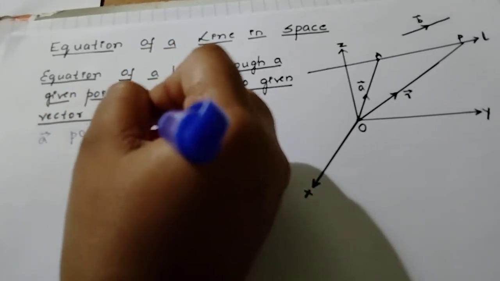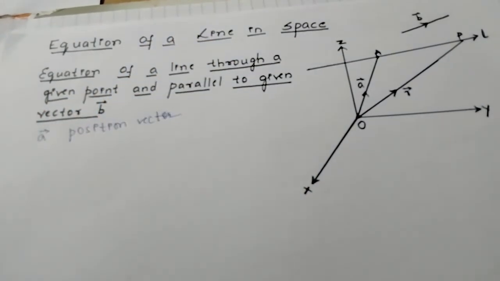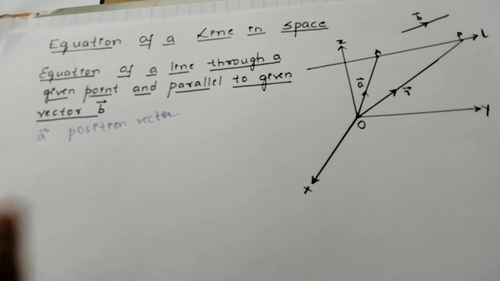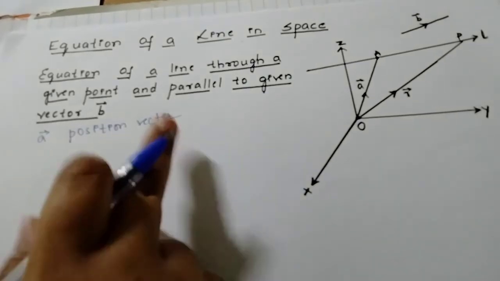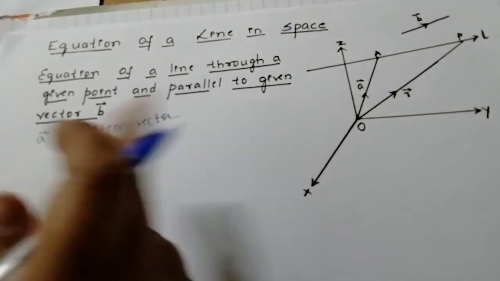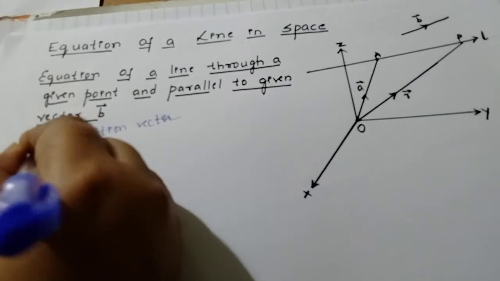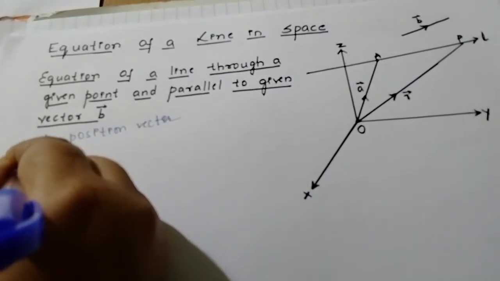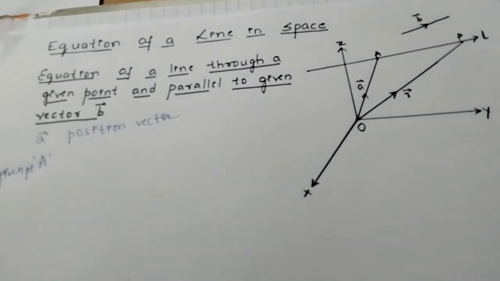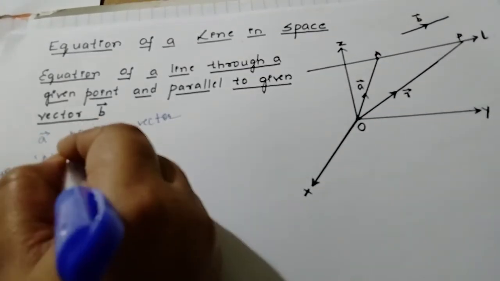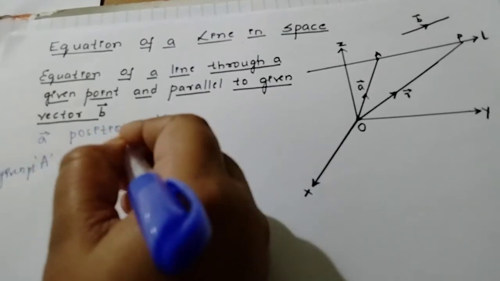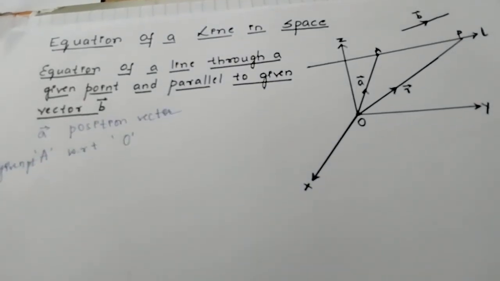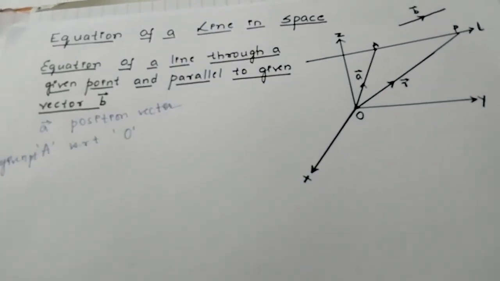It is a position vector. You should define the diagram. a is a position vector through the given point A, with respect to the origin O.